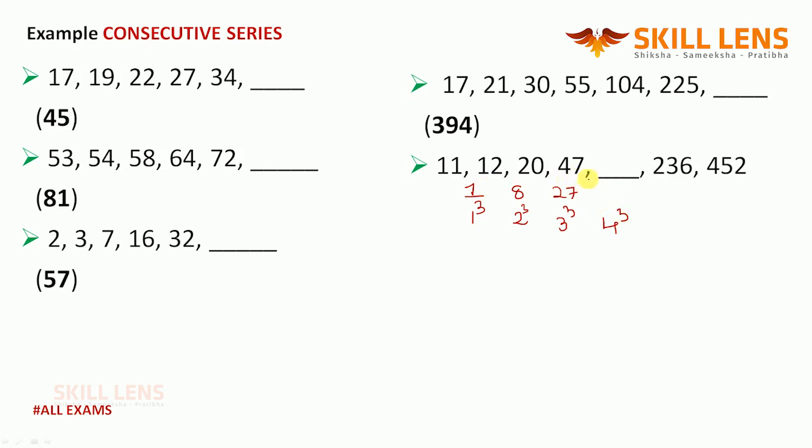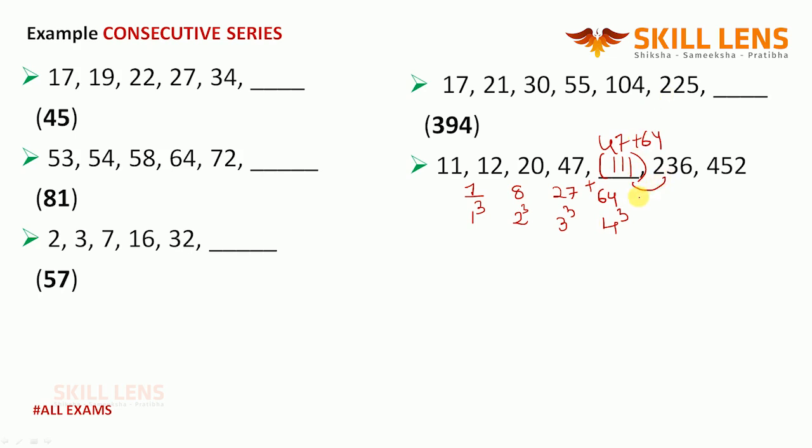So what is 4 cube? 64. So if you want to get this number, that is the addition of 47 and 64, no? So 60 and 40, 100. So this is 111. So the answer for this question is 111. You can verify here.